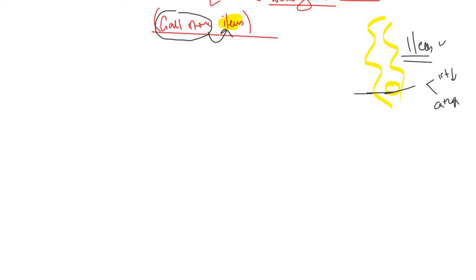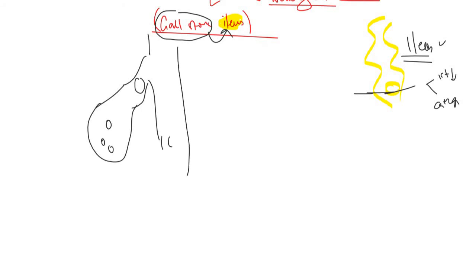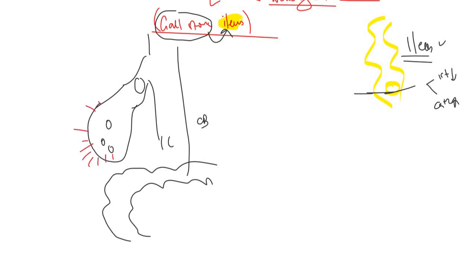Now let's see how the gallstone causes the ileus. See guys, this is the gallbladder, and this is the stone, and there are also stones in the gallbladder, and this is the CBD. Right in the vicinity of the gallbladder are the loops of the intestine. Now there occurs acute cholecystitis, as I already told you.